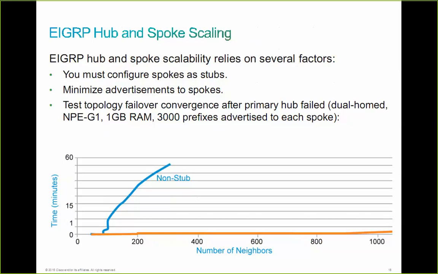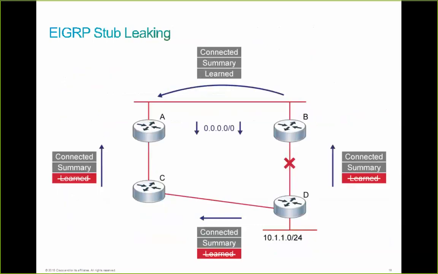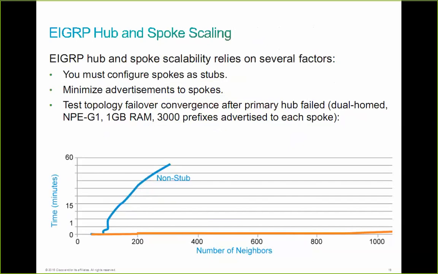what I'm trying to describe, they did a case study. That's what this slide is trying to describe here. They did a case study that you can see what they used in this test environment. They dual homed NPE G1 with 1 gig of memory, 3,000 prefixes advertised to each spoke. And what they were trying to identify was the convergence time based on the number of neighbors. As you can see here, they went from a minimal number of neighbors all the way up to over 1,000 neighbors.